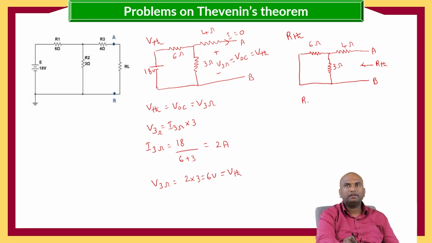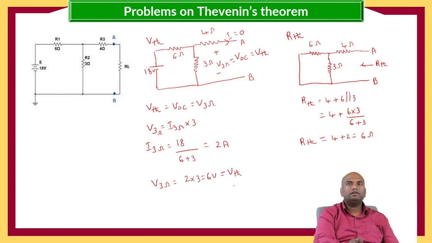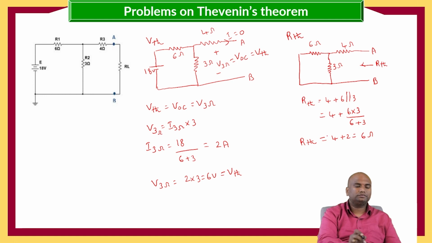So RTH is equal to 4 plus 6 in parallel with 3, that is equal to 4 plus 6 into 3 by 6 plus 3, which is equal to 4 plus 2, which is 6 ohms. This is the RTH. So we got VTH and RTH as 6 volts and 6 ohms.